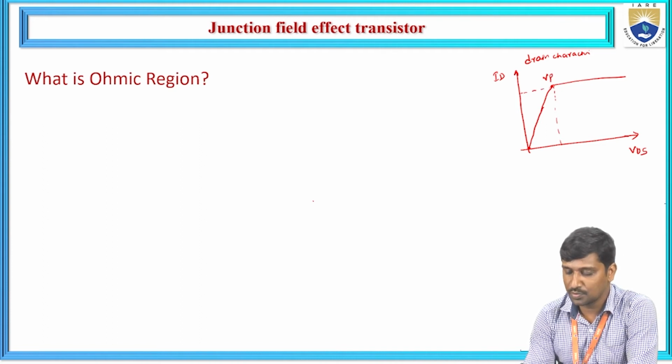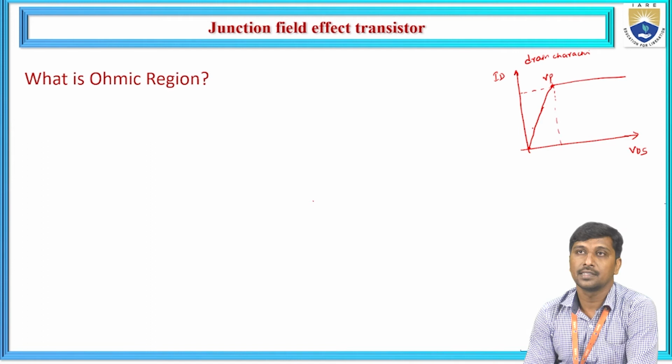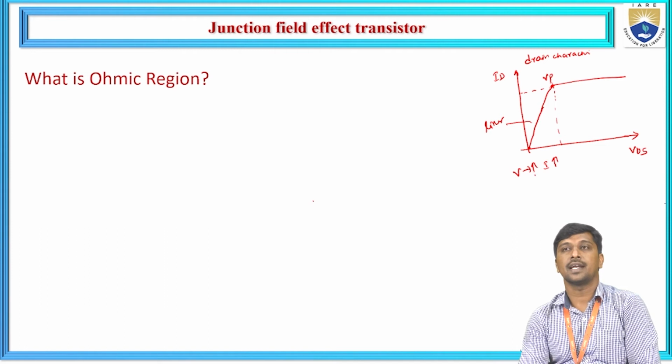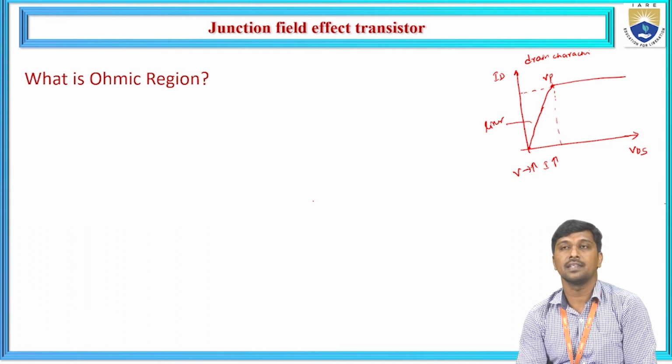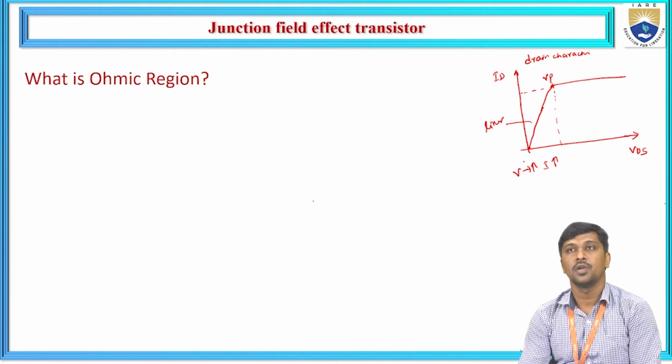Up to this pinch off point, the characteristics are linear, so this region is called the linear region, meaning as V increases, I also increases. Hence it satisfies the linear characteristics, and that region is called the ohmic region. At this point the FET acts as a voltage variable resistor.